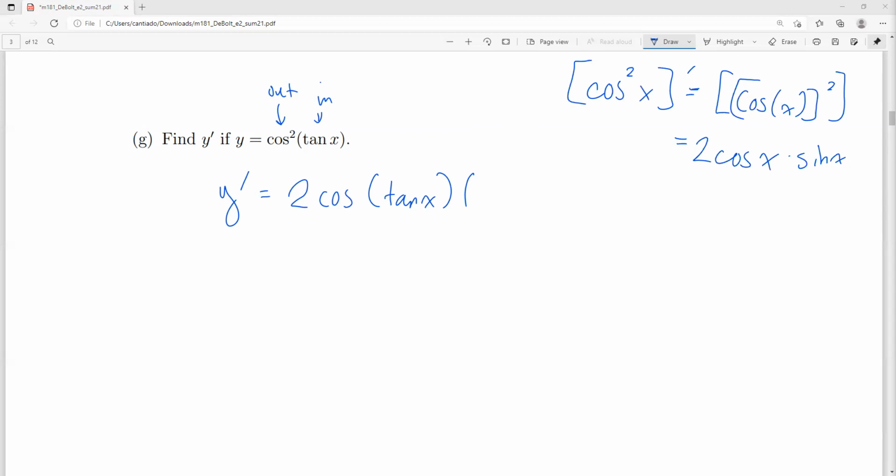Oh, shoots. I got this completely wrong. Or did I? No, I didn't. Let me double check something.